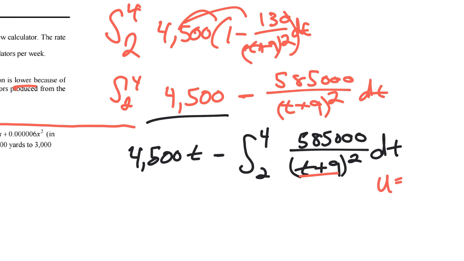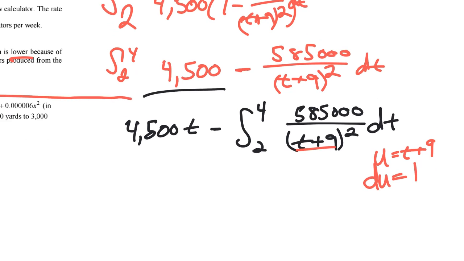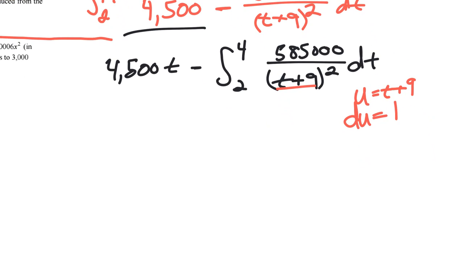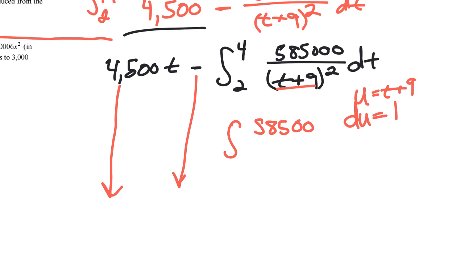So u is equal to t plus 9. du is equal to 1. So I'm just going to carry this down. And don't forget your minus sign. But this is what becomes here. So this is the integral of 585,000 over u squared. This will be a du because it's a 1, so we don't have to take care of any of that. So rewriting it with a negative exponent.